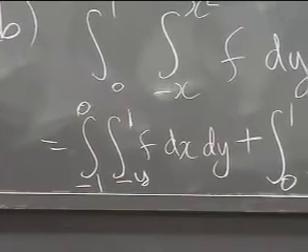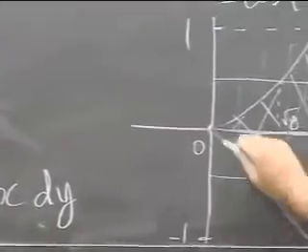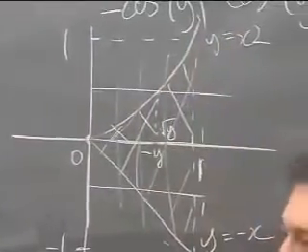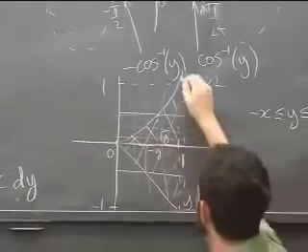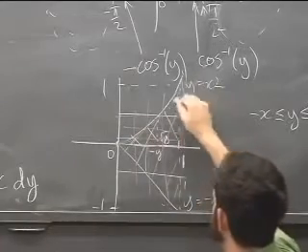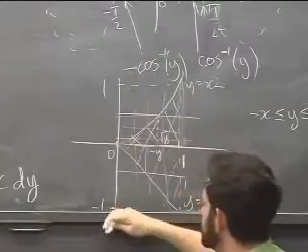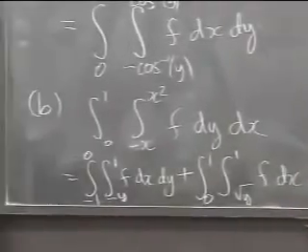So there's no real way to get around this. From an x point of view, you're going between two curves, and that's one integral. From the y point of view, you're going between two curves, but one curve is just x equals 1. The other curve is x equals root y, but only between 0 and 1. Between minus 1 and 0, the curve is minus y at the bottom instead.